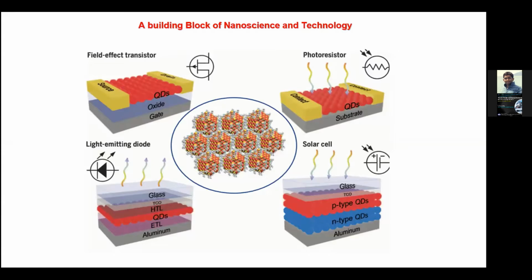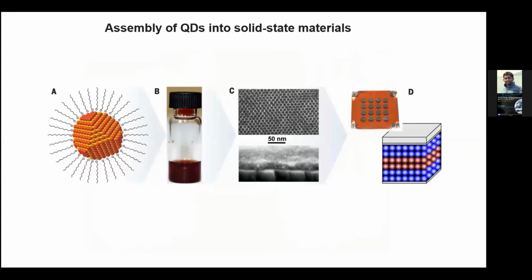So how do people generally make nanocrystal films nowadays? You see here these crystals covered with long chains, dispersed in solution. It looks like ink, but when you make a film, it forms like this, and you see these are really very organized.